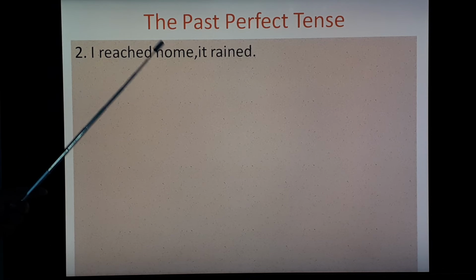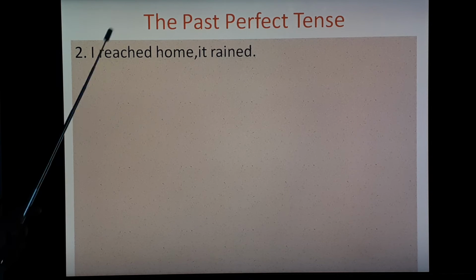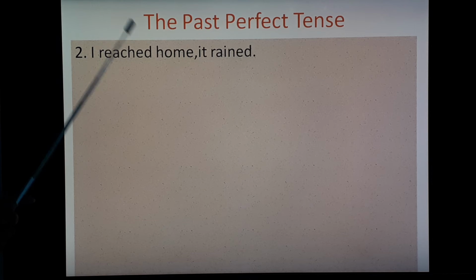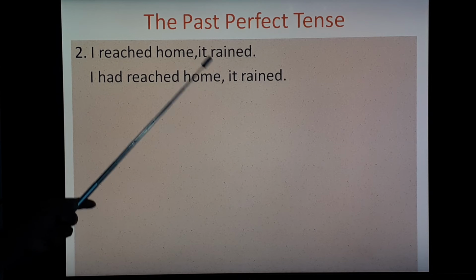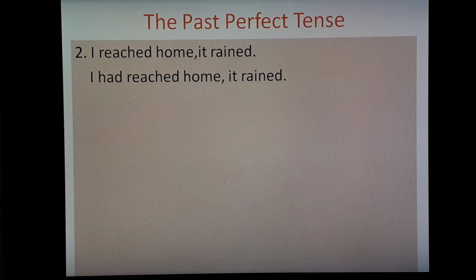I reached home, it rained. Now you have to find out which action took place first. So here with the first action we have put past perfect tense, that is I had reached home, comma, it rained.